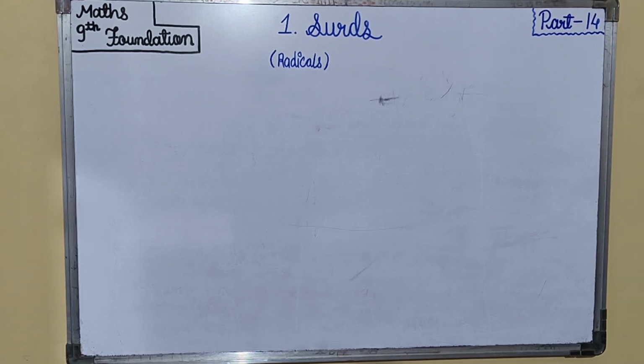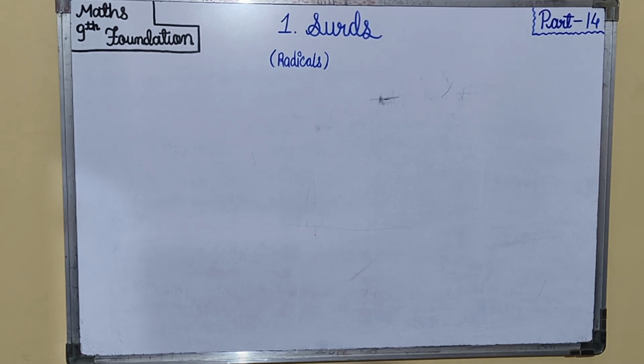In previous parts 1 to 13, we have learned many things related to surds, radicals, square roots of surds, comparison of surds, etc. In this part 14, we'll see some important questions related to the previous parts, and we'll finish this chapter in this part. So let's start.